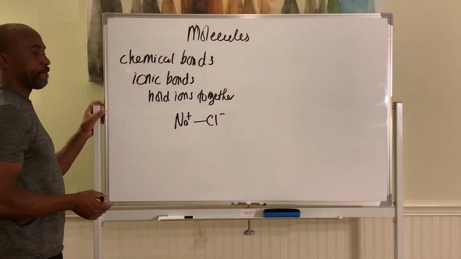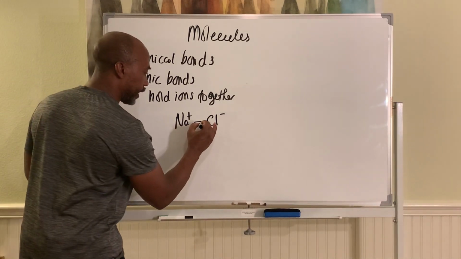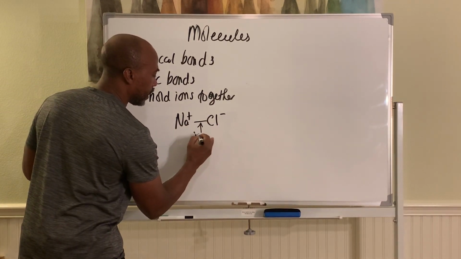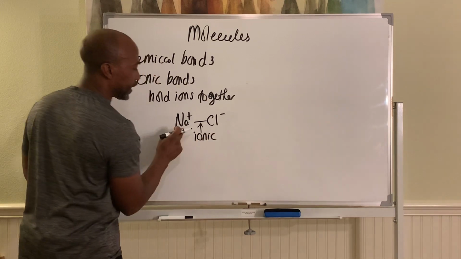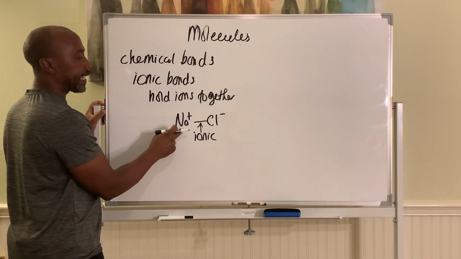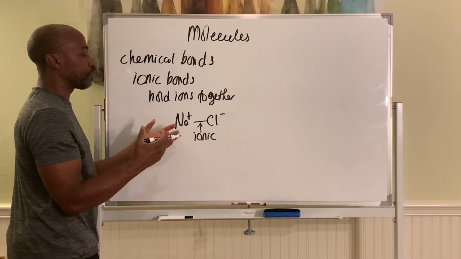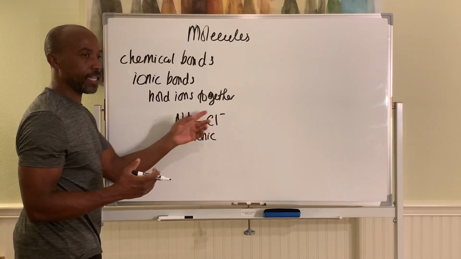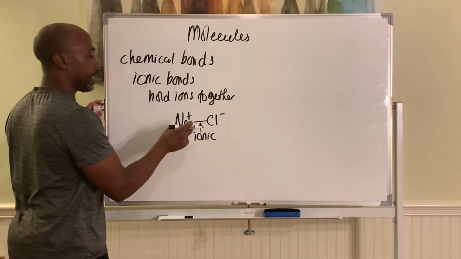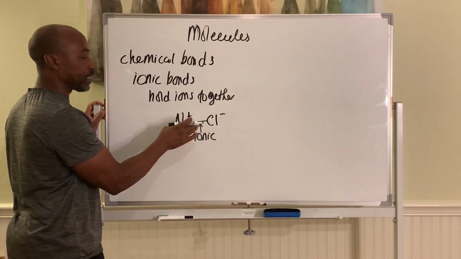This bond here is an ionic bond because it's holding this ion attached to this ion based on their attraction of charges between the plus and negative sides. This is an electromagnetic attraction, which is very powerful.